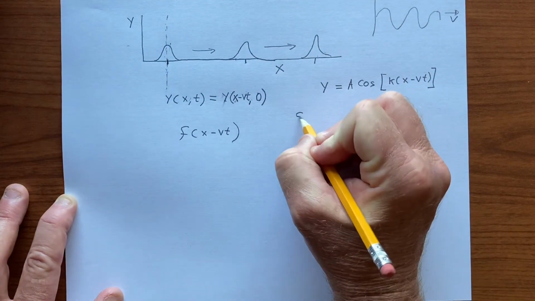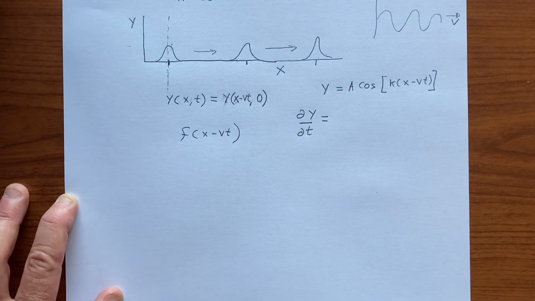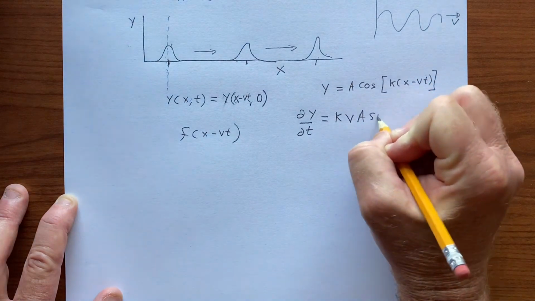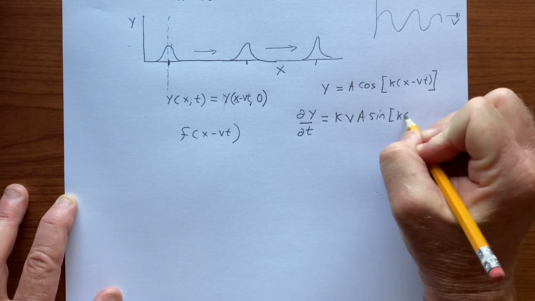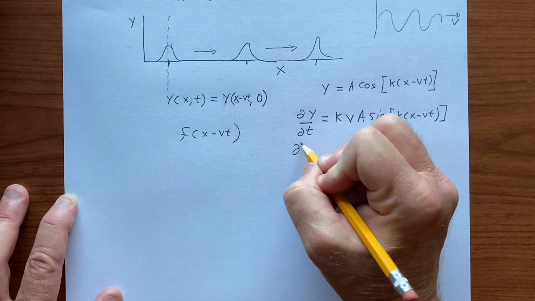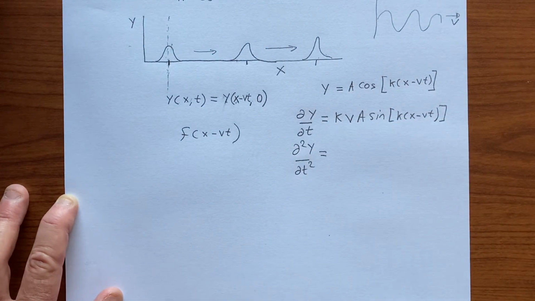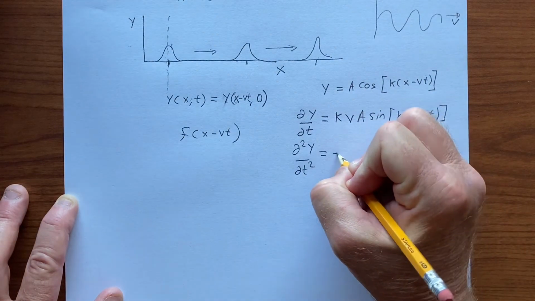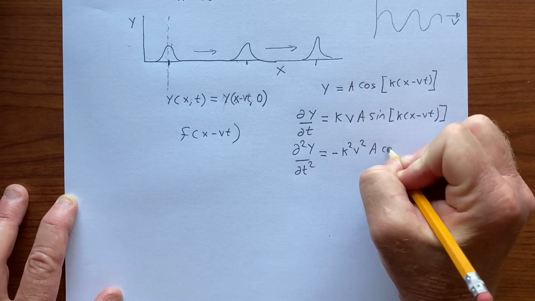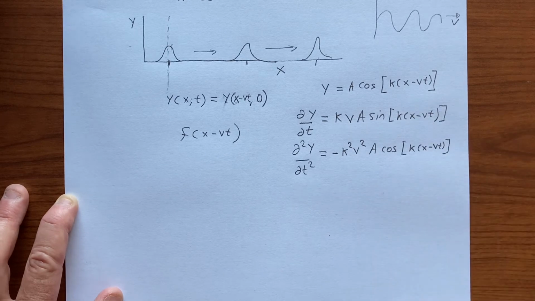So let's take derivatives in time, dy by dt, what does that look like? It's k v a sine of k(x minus vt). And let's take another time derivative to return the function back to its original form, i.e. cosine. We get a minus k squared v squared a cosine of k(x minus vt).